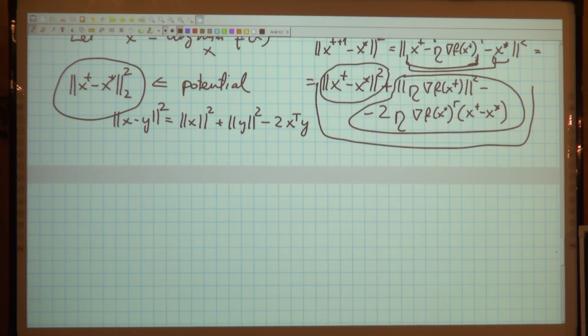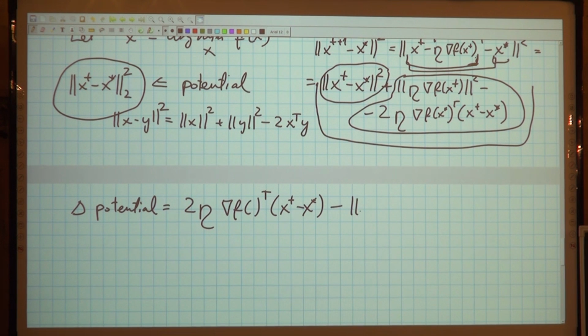And what we will get is that the improvement of the potential is exactly 2 eta times the gradient of f at xt transposed times xt minus x star, minus eta squared times the norm of the gradient squared.